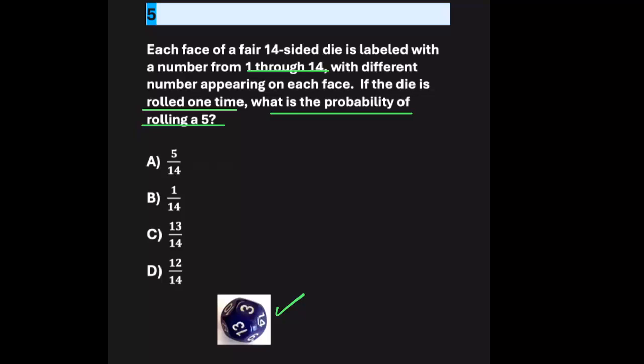So for number 5, you have only one outcome out of 14. And the answer is right here. Each number has only one chance when you roll the fair die one time. So we have 1 out of 14, and the answer is B.